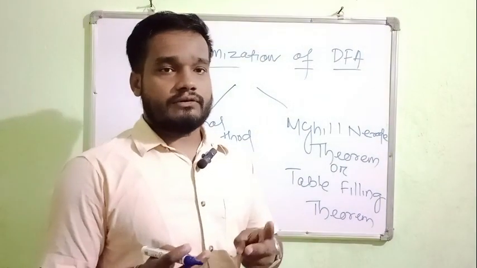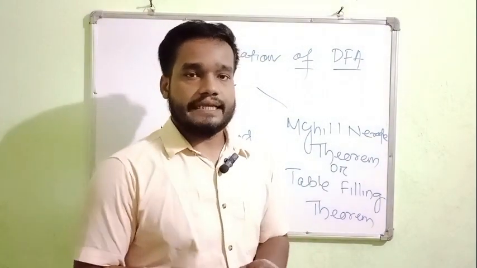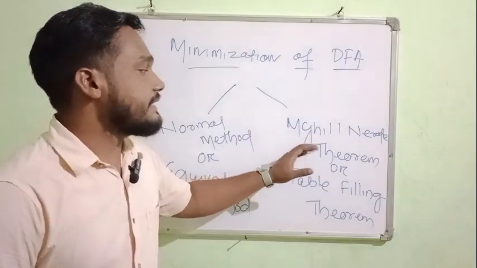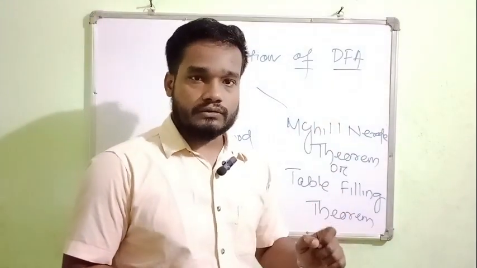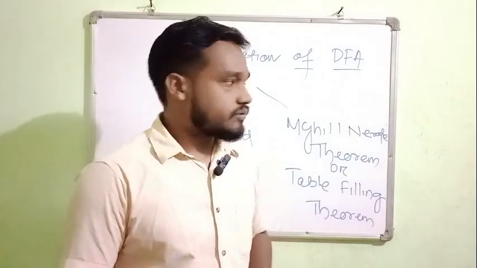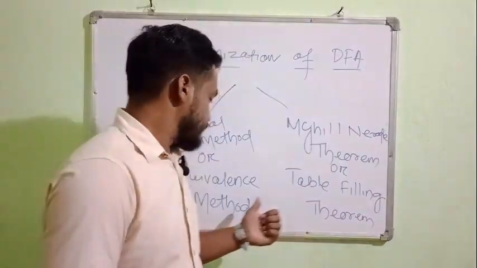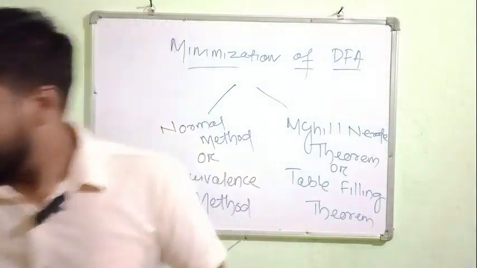Minimization of DFA can be done by two procedures: one is the equivalence method or normal method, the second is the Myhill-Nerode theorem or table filling method. So we will do the example of minimization of DFA by using the equivalence method.